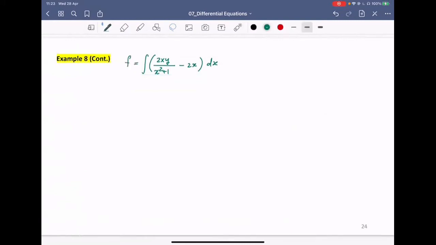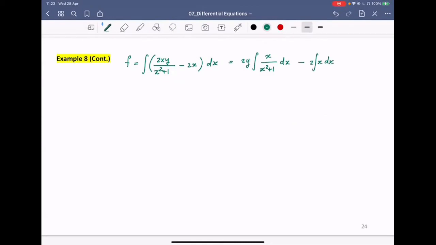So let's integrate that, the indefinite integral. First of all, I'm going to pull out my y. So I have the integral of 2y times x over x squared plus 1 dx, that's the first thing, and then minus the integral of 2x dx.